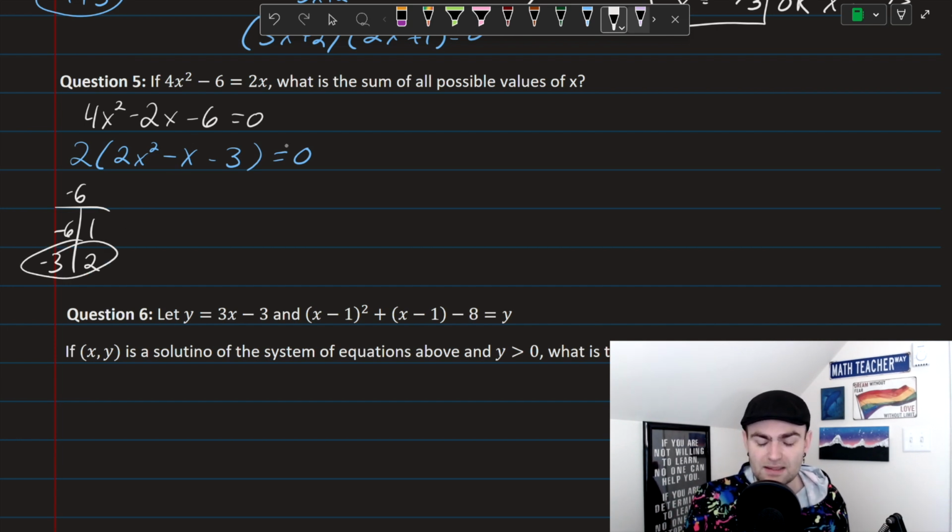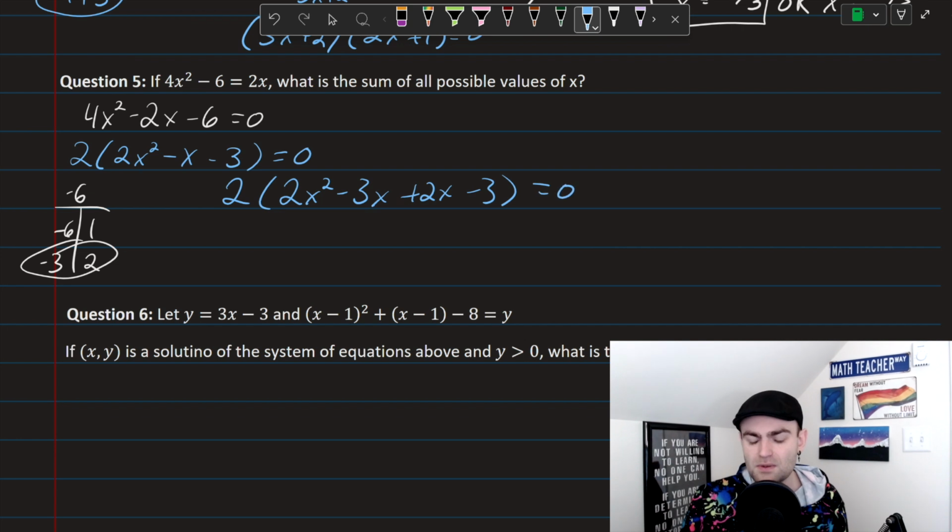So I'm going to rewrite this. So I have 2, parentheses, 2x squared minus 3x plus 2x minus 3 is equal to 0. Factor out the greatest common factor of the first 2, which would just be an x.